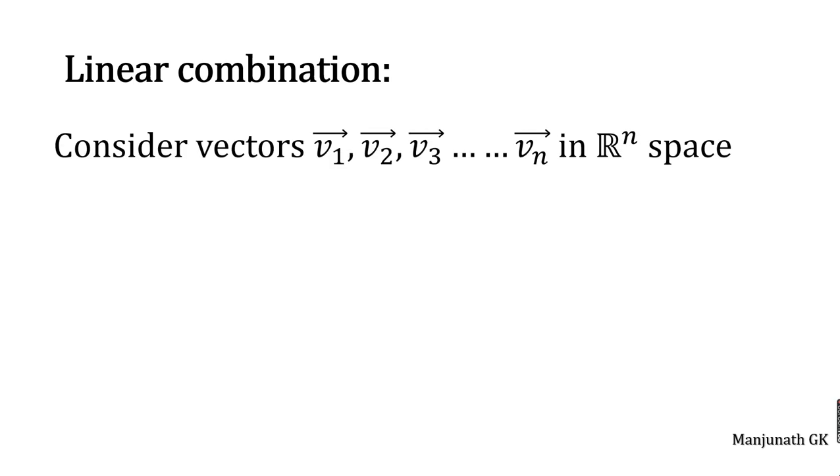What is a linear combination? Consider the vectors v1, v2, v3, and so on, vn. All are in Rn space. The meaning of it is that all these are vectors having n dimensions. This n can be 2, 3, 4, and so on till n.